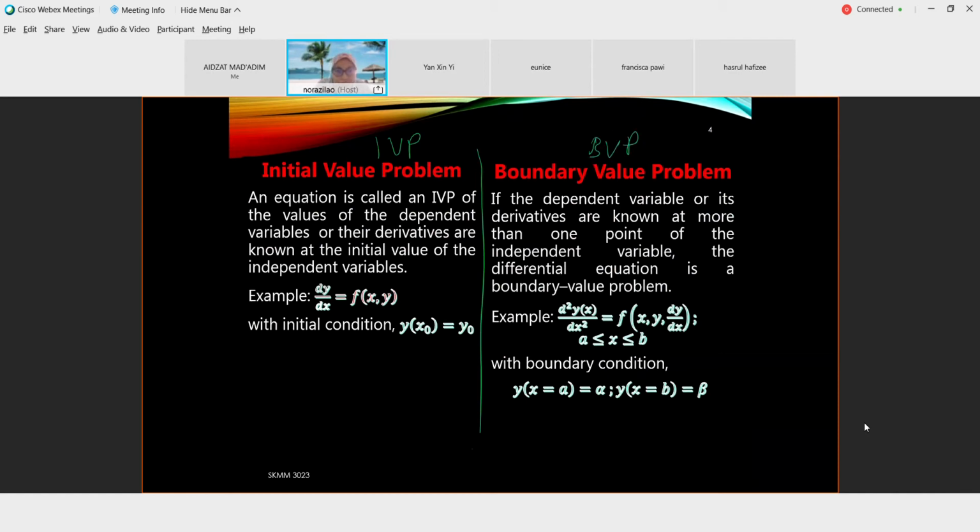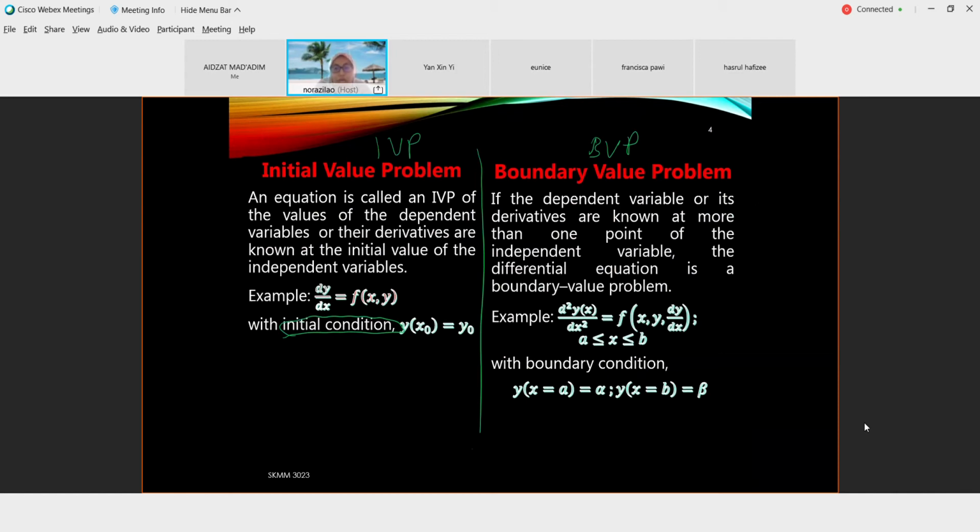If our equation only has the value of the dependent variable or its derivative known at an initial value of the independent variable, it only mentions the initial condition.